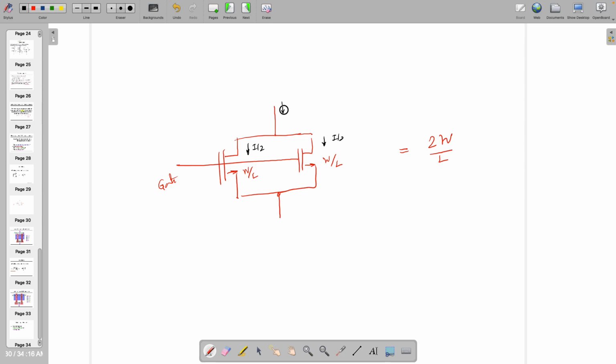If this is I, as the geometry wise both are the same, so the current is exactly half. There is no mismatch, because for device fabrication also, it's easy to have the same copy, a carbon copy, W by L wise. So in that case, this is going to be 2W by L.